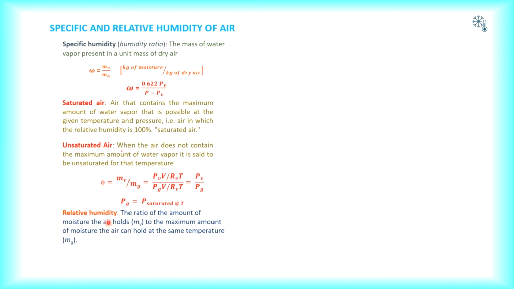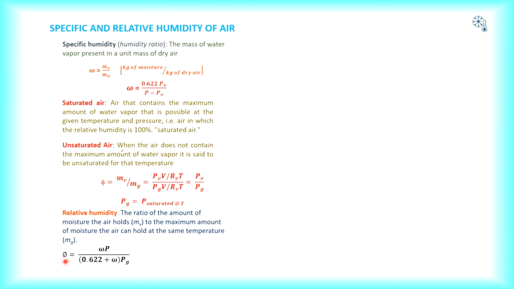So that will give you the relative humidity. It can also be defined further as moisture content over moisture capacity. Remember, moisture content over moisture capacity is the relative humidity. These are the technical terms that we use in air conditioning.